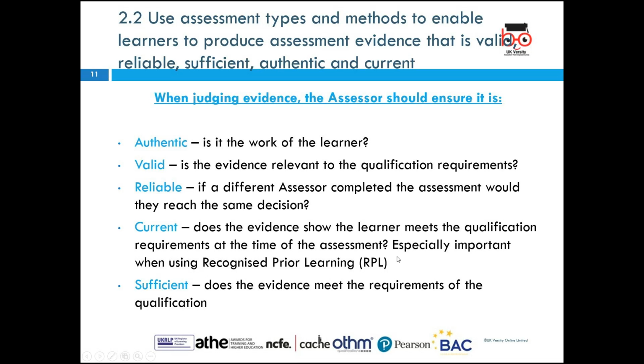So we go on to current. When you're looking at the evidence, does it show that the learner is meeting the qualification requirements at the time of the assessment? If you decide to go and do the level 5 qualification next, you might want to do something called recognized prior learning, where you can get some of these units taken off level 5.